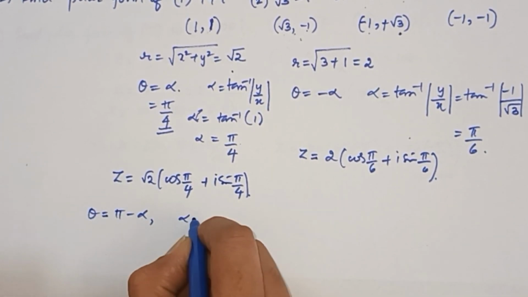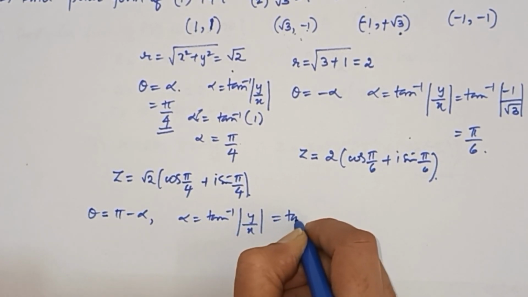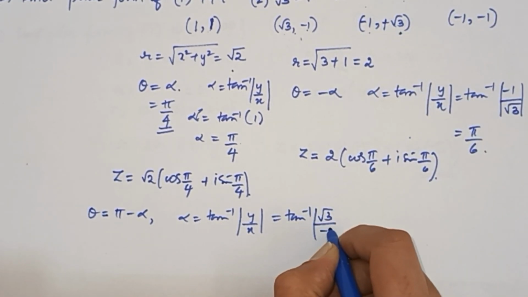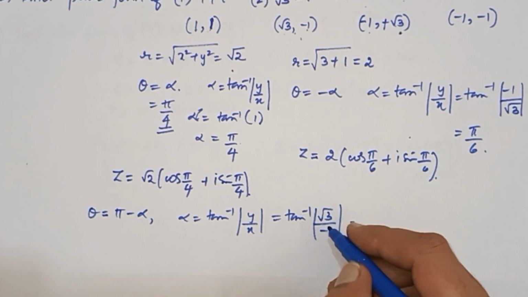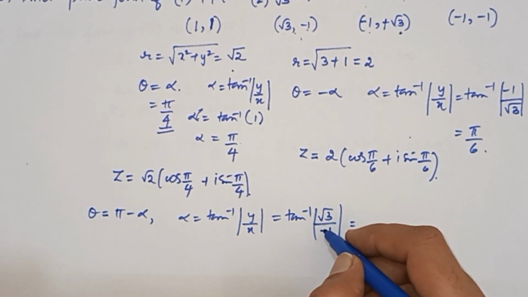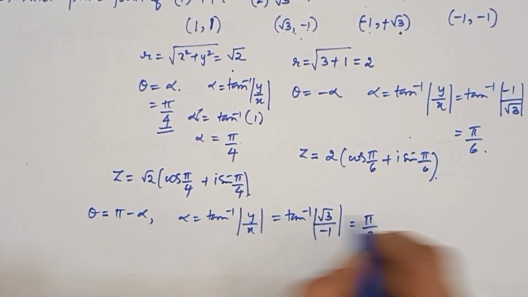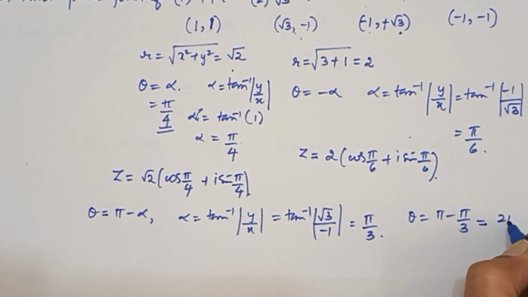So alpha I have to find out, tan inverse of modulus of y by x, which is tan inverse of root 3 divided by minus 1, which gives you tan inverse of root 3, positive only because there is modulus, so it is 60 degrees, so pi by 3. Hence, theta is equal to pi minus pi by 3, which gives you 2 pi by 3.